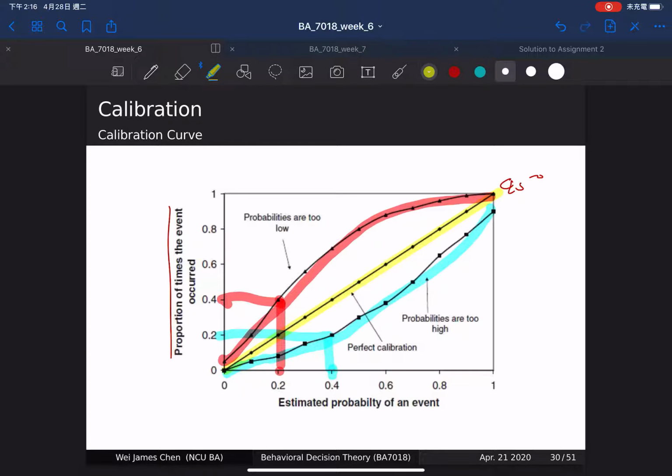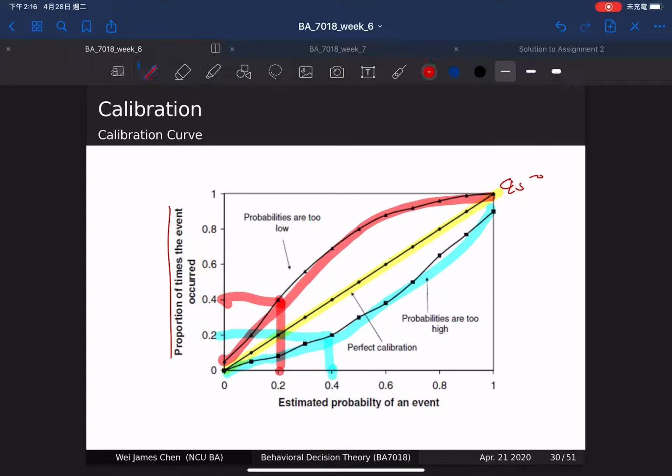The perfect one is not estimated. I'm just saying if this red line or the blue line happens to lie on the 45-degree line, that's called perfectly calibrated, because your estimate always equals what actually happened.